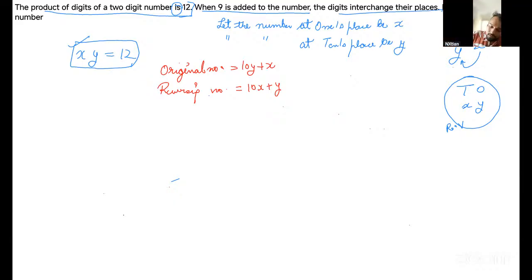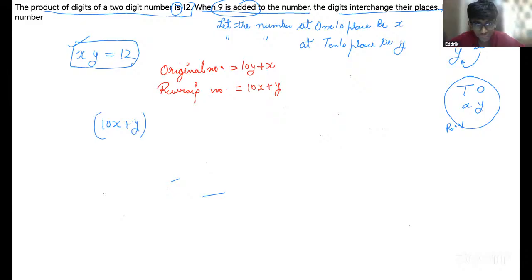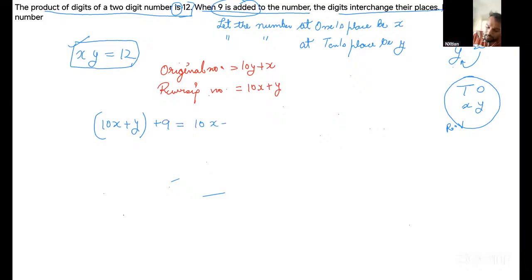So this is the original number, and if you add 9 to it, you will get 10x plus y. Now you have to solve.